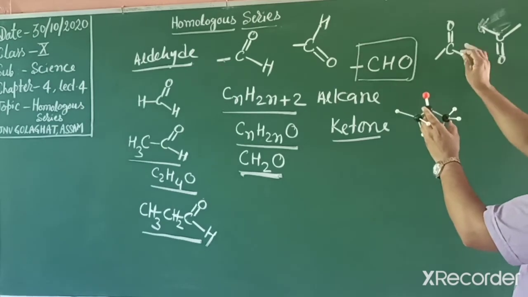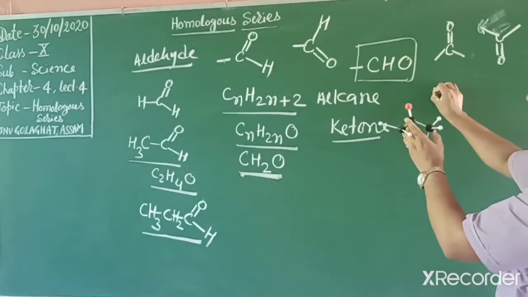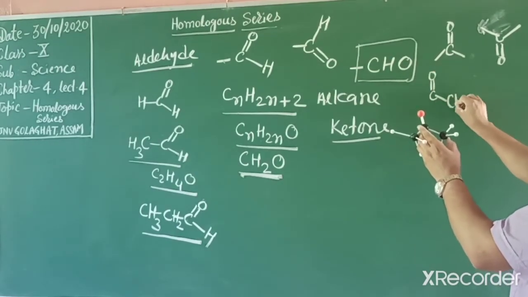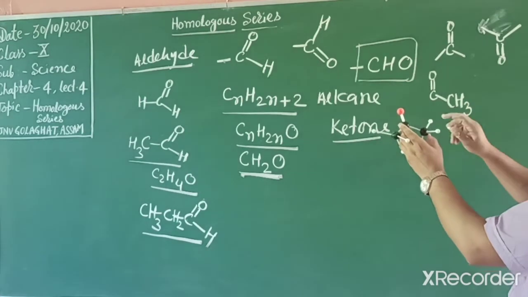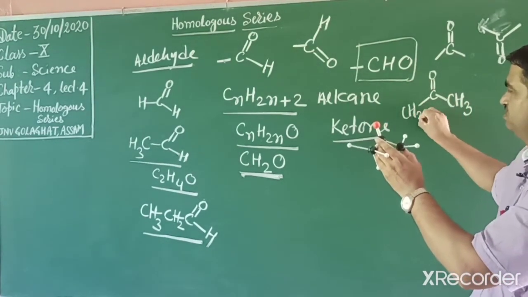For a first member, it's required 3 carbon. Then we write double bond O, CH3, 1, 2, 3, and on the other side also you write CH3.